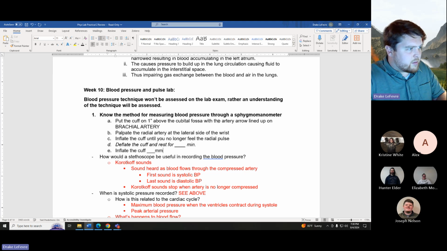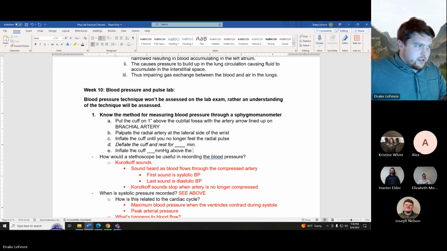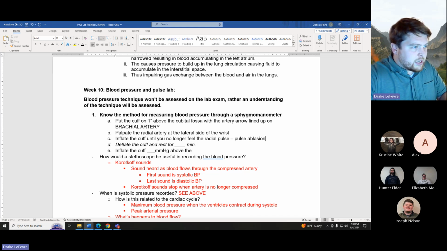How many millimeters of mercury above the pulse obliteration?